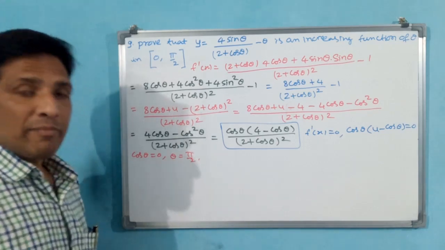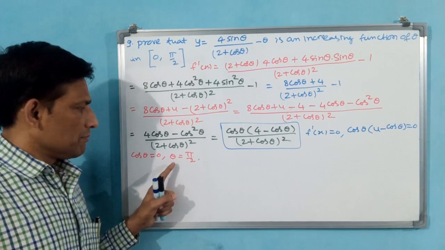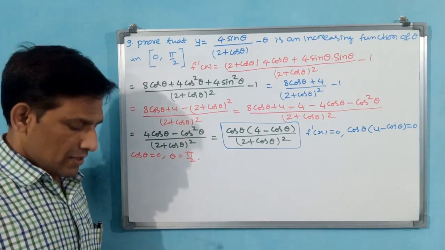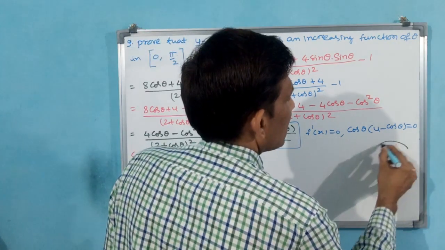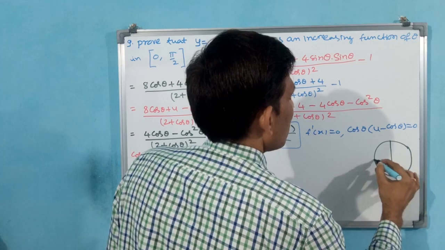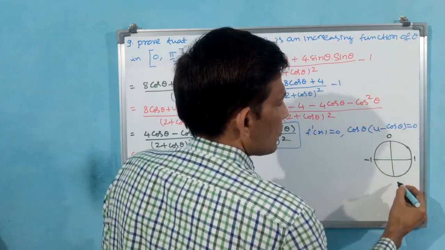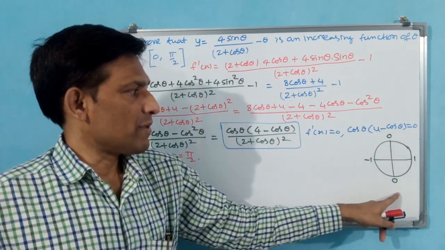See, why have I written pi by 2, not 3 pi by 2? Because the interval given here is 0 to pi by 2 only. See, in the cos theta circle diagram, here is 1, here is minus 1, but here also 0, here also 0: 0, pi by 2, pi, 3 pi by 2.